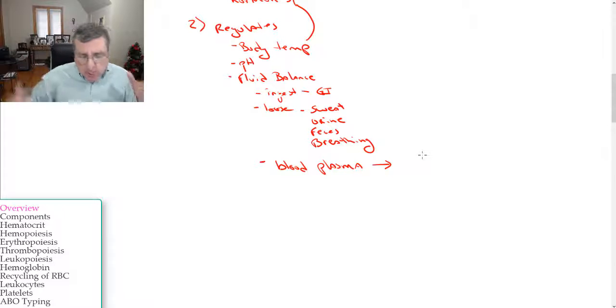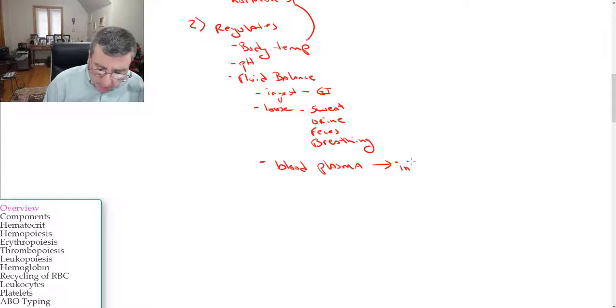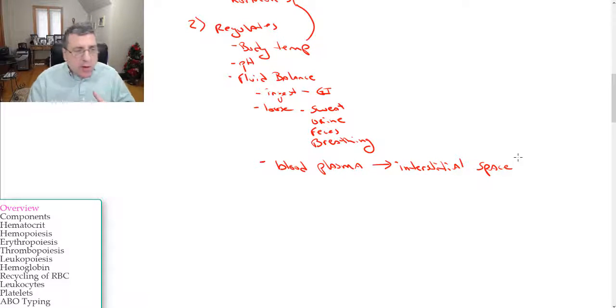So that's taking it out of the blood vessel. The plasma filters out and gets into the interstitial space. They're very similar in consistency, but the larger proteins remain in the blood vessels.